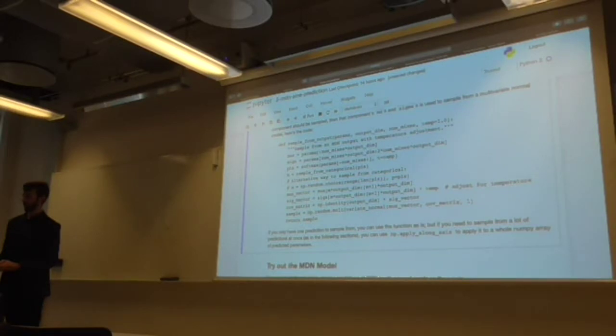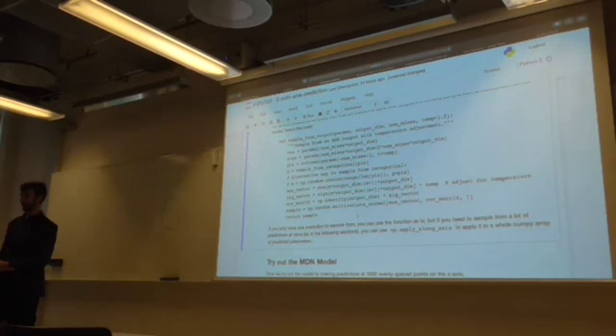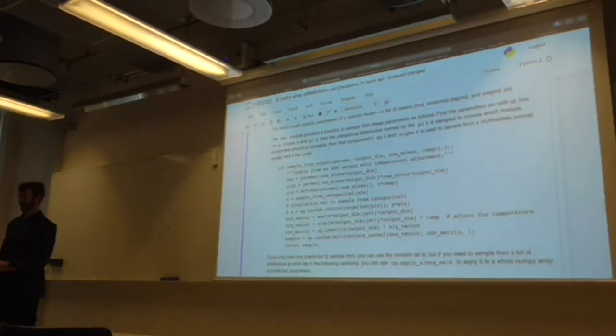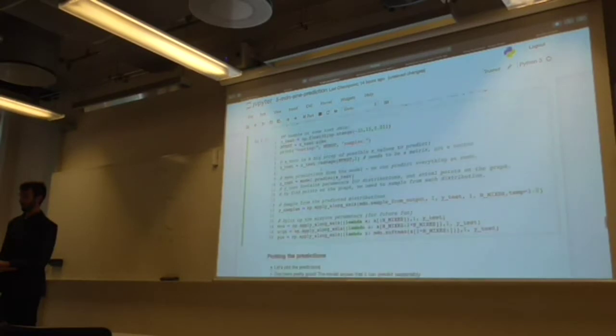Then I construct a normal model using the NumPy library, to sample from a single model that I know I need to sample from and return the sample. I'll talk a little bit more about that in a minute, but you just have to bear with me that you need to use this function and it ends up being a little bit more complicated. So that's the downside of these models. But I can still use it.